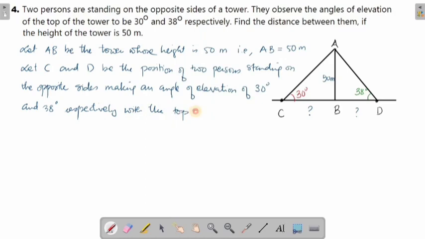So you need to mention all these things. So with the top of the tower. Okay. So I have mentioned all these things.